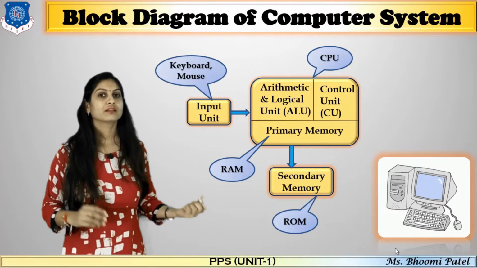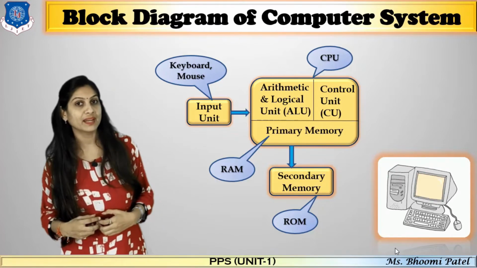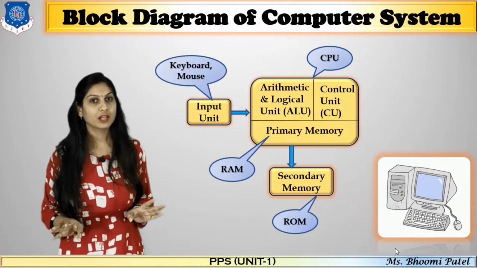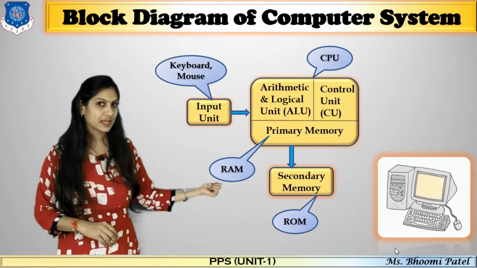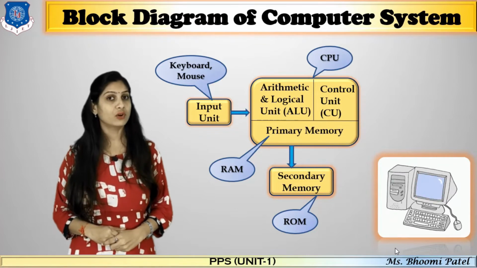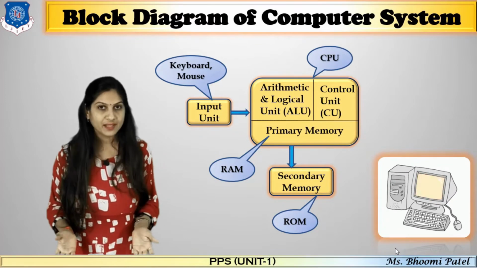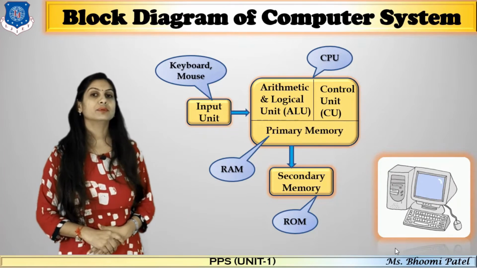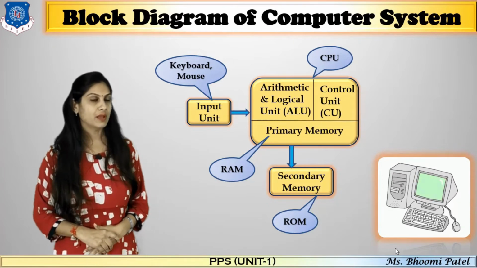Non-volatile means the data is stored permanently. When you save your data, it is never lost. That is secondary memory. The examples are ROM, read-only memory, hard disk, CD or DVD. These are the examples of secondary memory.